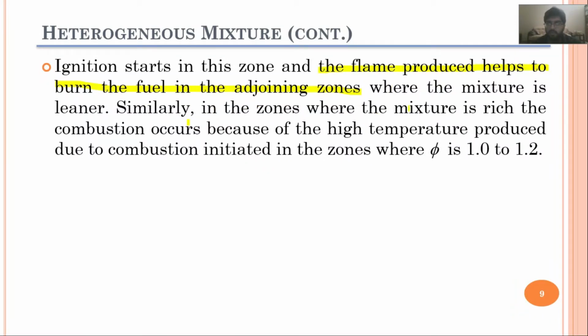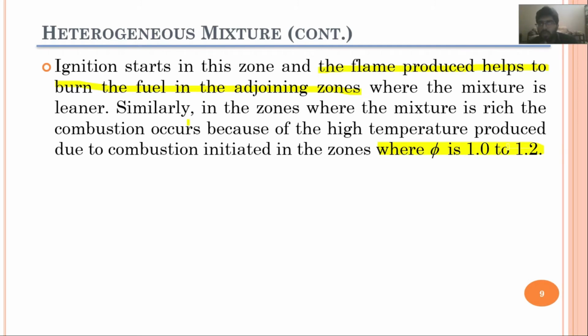Similarly, in the zones where the mixture is rich, the combustion occurs because of the high temperature produced due to combustion initiated in the zones where the equivalence ratio is around 1.0 to 1.2. So in those zones where we have a very high equivalence ratio, beyond 1.2, because of the high temperature, the combustion will occur.